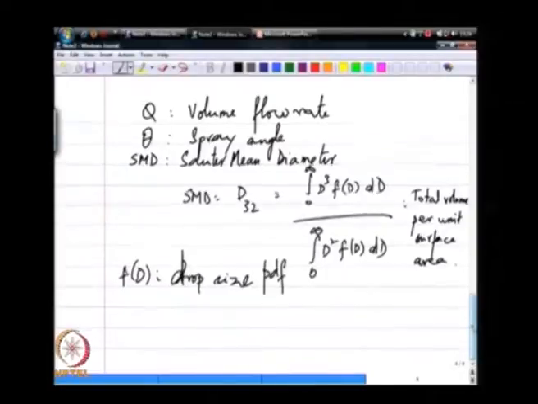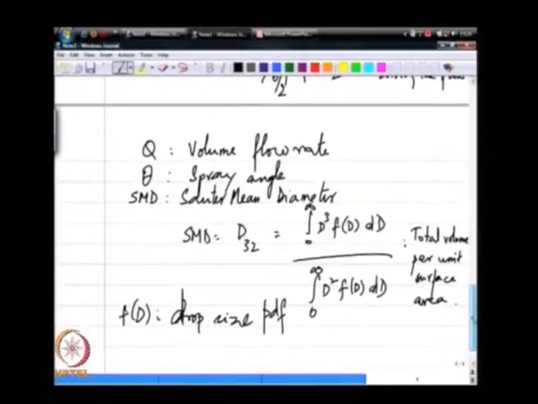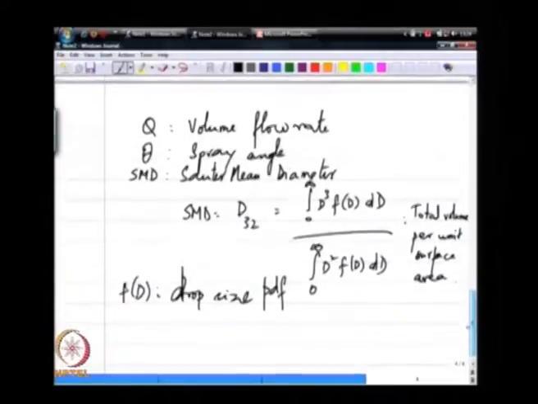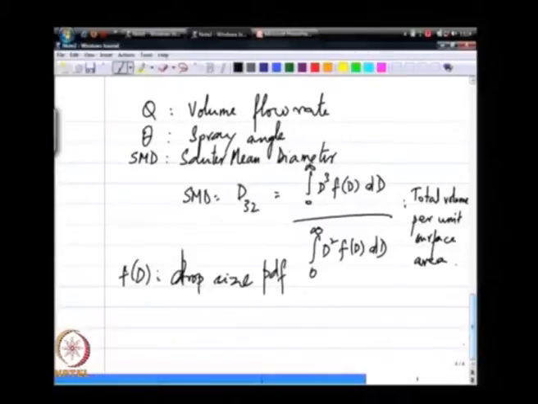So, let us say we have looked at Q, the volume flow rate, in terms of the pressure. Q is not directly related to the pressure, but the Jones correlation, for example, gives us a way to relate CD, the discharge coefficient, to everything else that is related to the spray geometry.